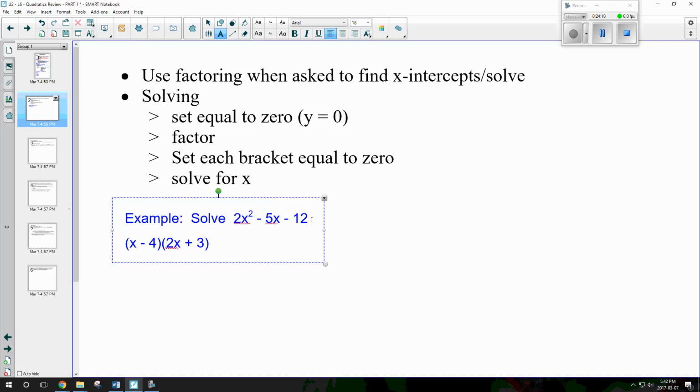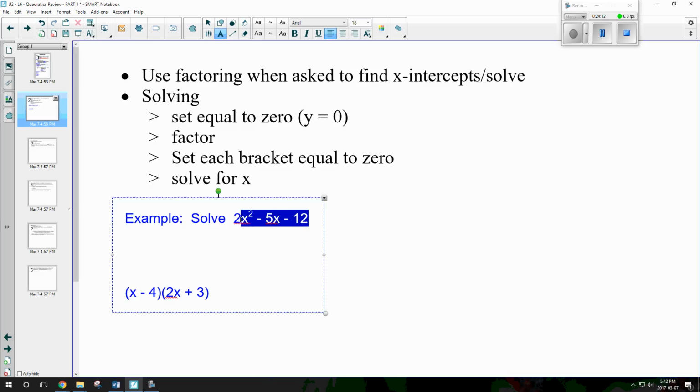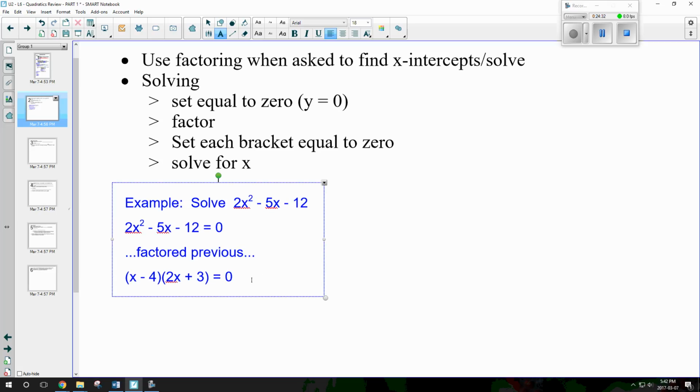Would have asked us to solve that. Our first step would have been to take that and set it equal to 0. And then we would have factored. So I'm just going to put factored previously, because we've just factored that equation. And we know that it's the bracket x minus 4 times the bracket 2x plus 3. So that's now all set equal to 0.